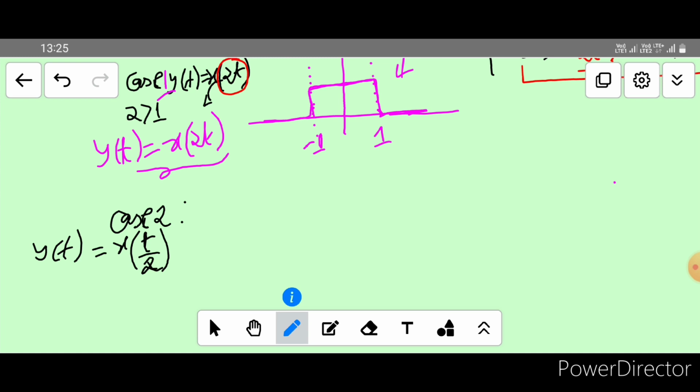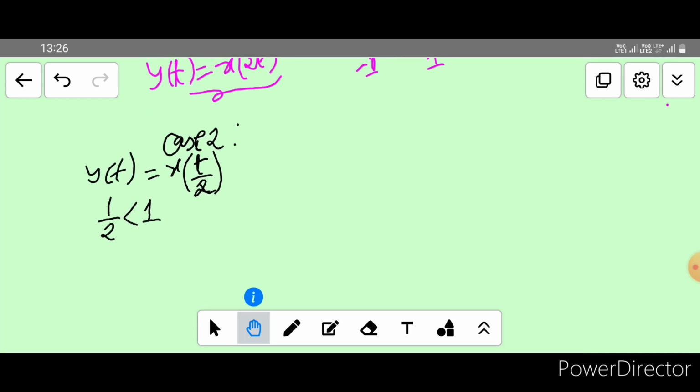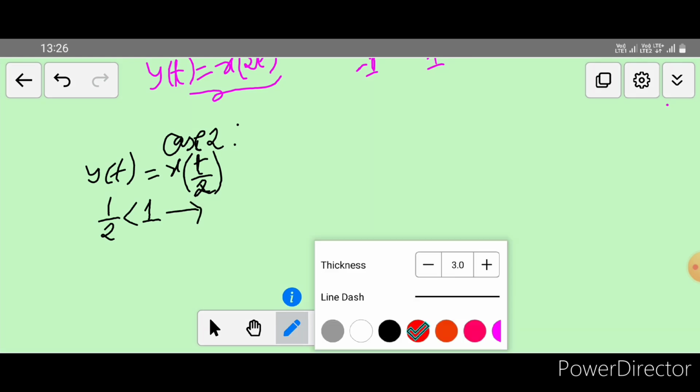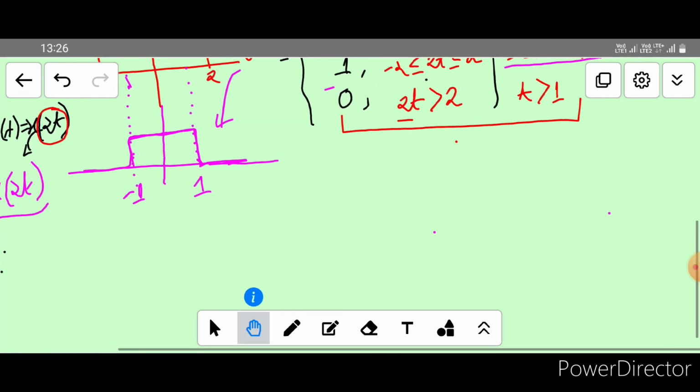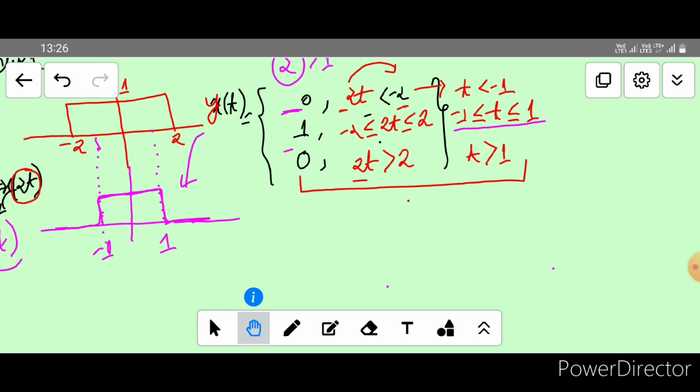This time our scaling factor is 1 by 2, which is less than 1. So as stated above, our signal should undergo expansion this time. So let's see it definition-wise. So let's plot.